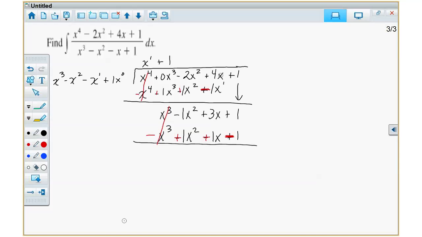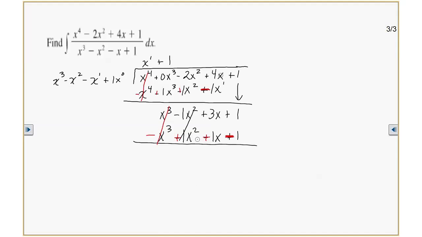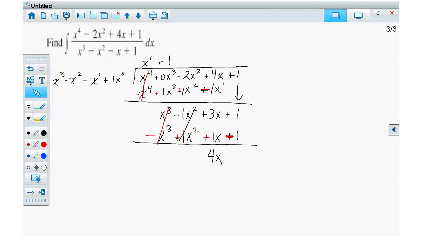Then you're left with, that cancels out, right? And 3x plus 1x is what? Oh, yeah, 3x plus 1x is 4x. Check to make sure I didn't make a mistake. All right, now let me take this and shrink it a little bit.